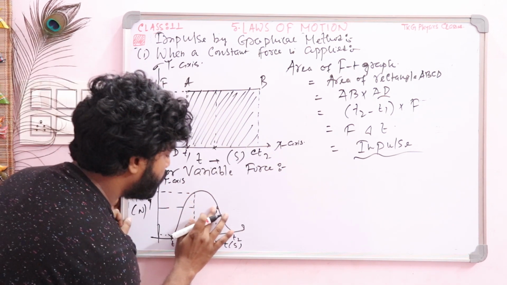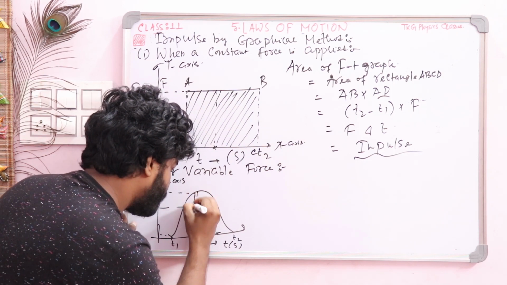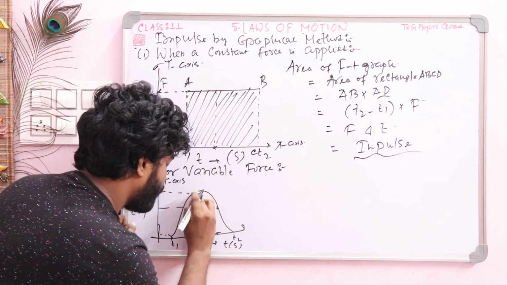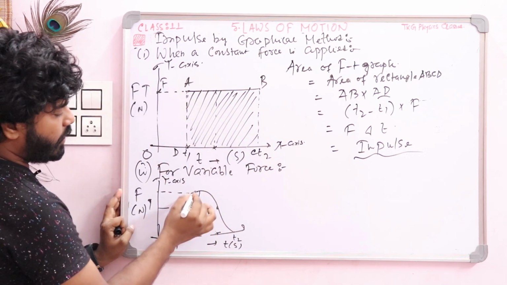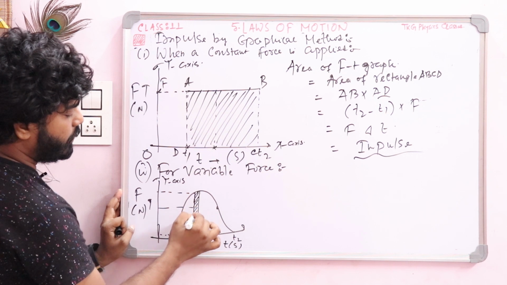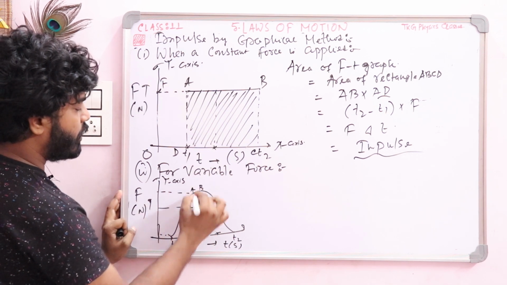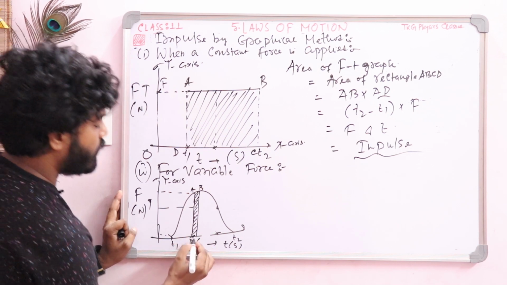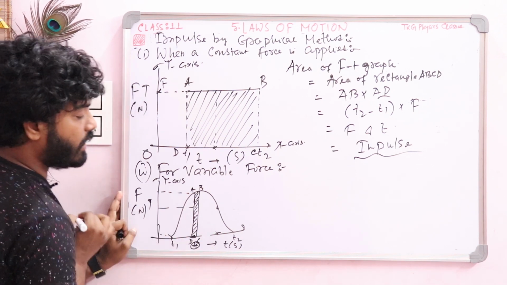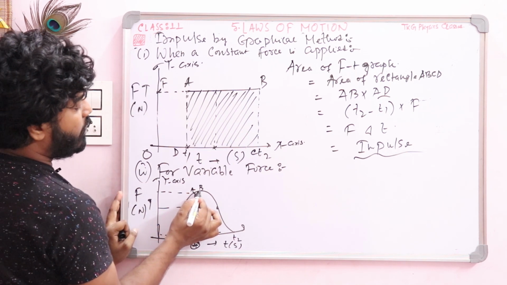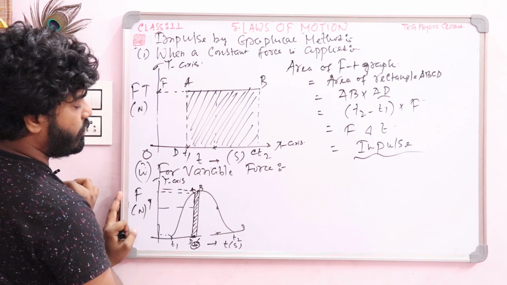So for finding the impulse here, you just consider a small strip. Now find the area of this strip. It looks like a rectangle, with points A, B, C and D. Suppose DC is the time interval, which is named dt, and the points A and B are almost the same.